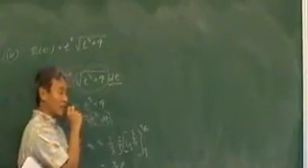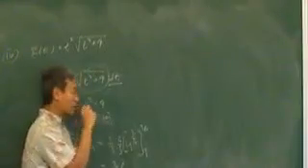I think you can leave it, but I'm not going to take any chances. 216, because I don't know what they consider arithmetic. I know addition, subtraction, multiplying, and dividing, but when you raise to a power, I'm not sure if you can leave it.